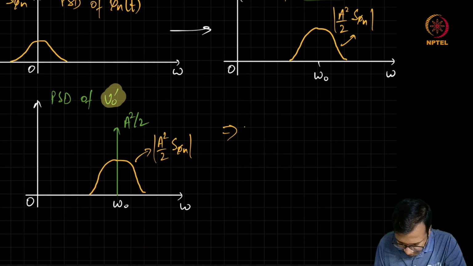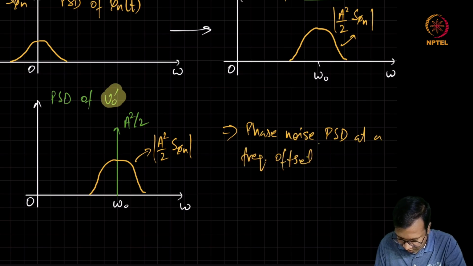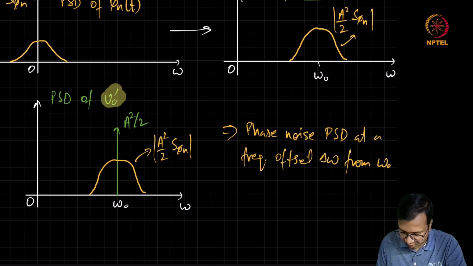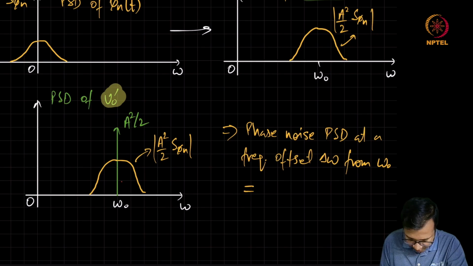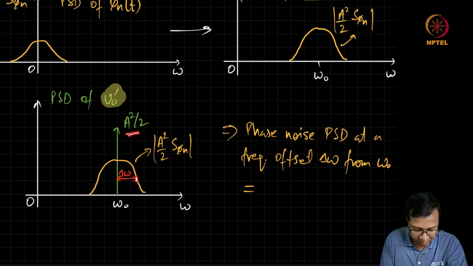This implies the phase noise PSD at a frequency offset, let's say delta omega from omega naught, where this is the offset we are talking about, is going to be equal to just the noise PSD at the offset normalized by the signal power of the oscillator.